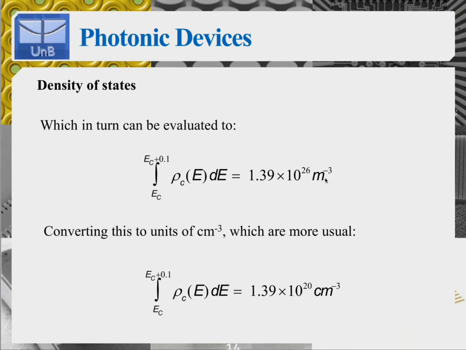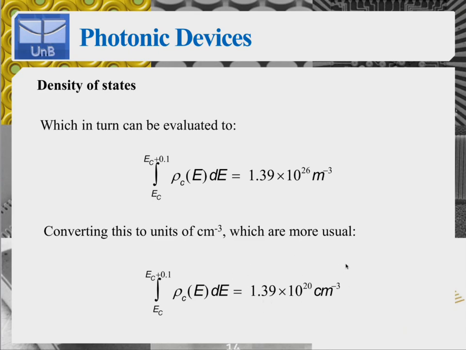Now it's more usual to give the number of states, or the carrier concentration, and so on in units of per centimeter cubed. So we can divide this by 10 to the 6th, and we get 1.4 times 10 to the 20th states per centimeter cubed, which is the number of states between the band edge and the band edge plus 0.1 eV.